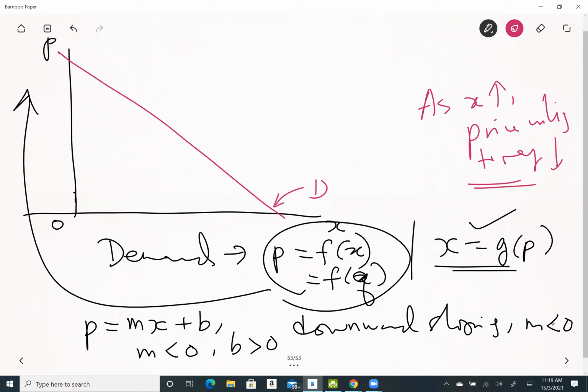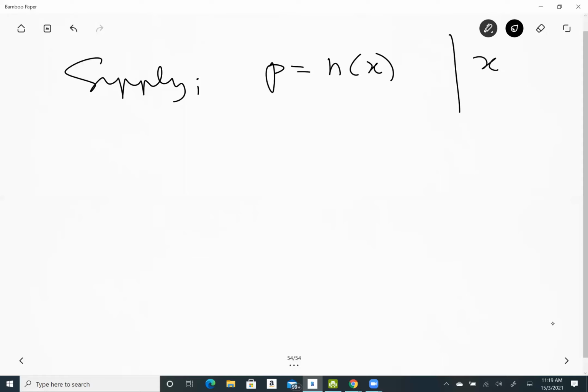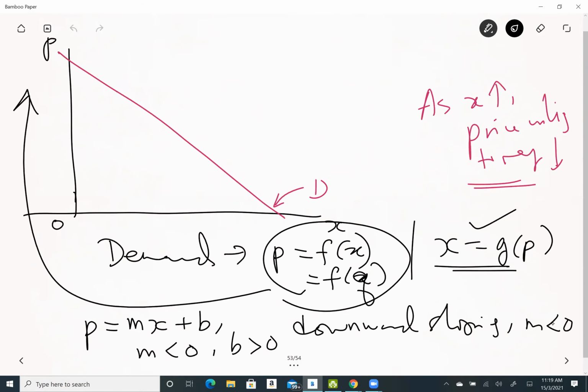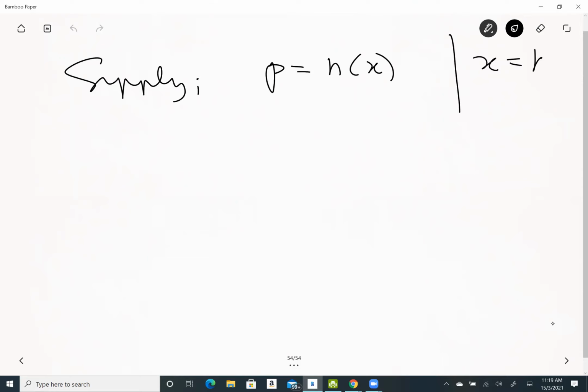Now, on the other hand, what is the supply function? Here is the supply for the firms or for the sellers. You have supply P also as a function of X, or sometimes we can have X as a function of some other letter. Earlier we used F and G, then H, so use K, P. Anyway, it is fine, but we stay consistent with the graph.